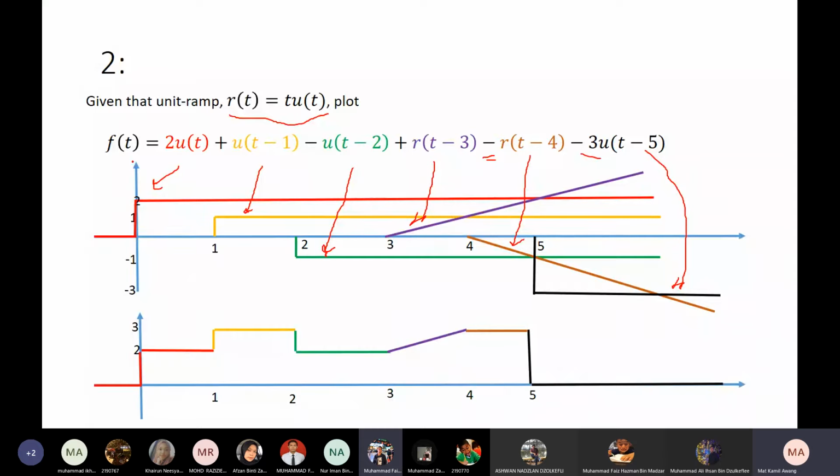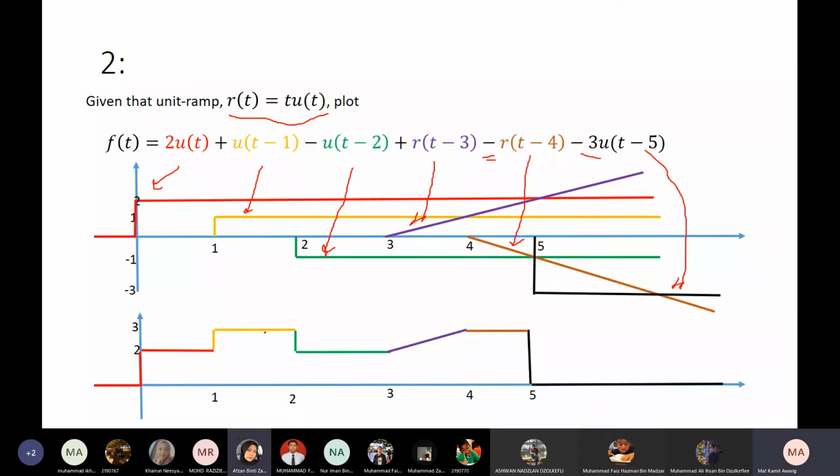Then you need to add all of them. When you add all of them, this is the resulting function. The first one is the red one. Then after that, you add the yellow one.